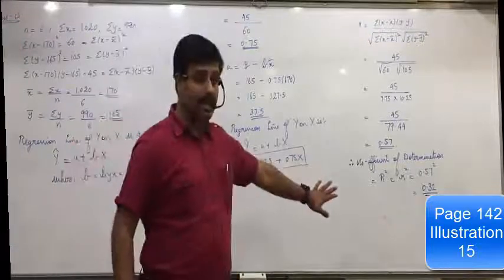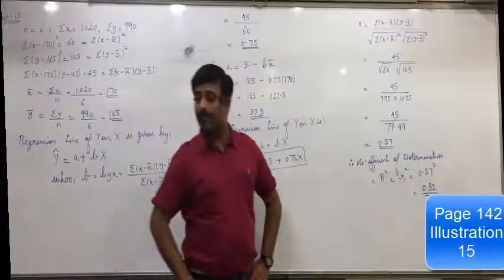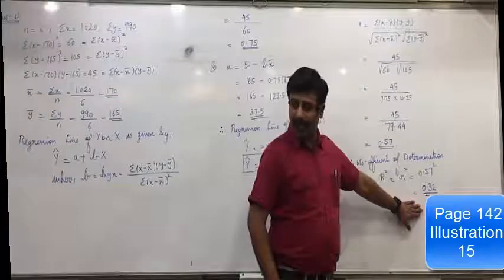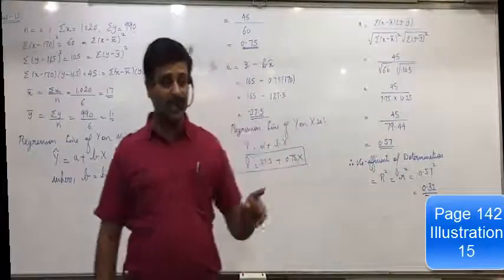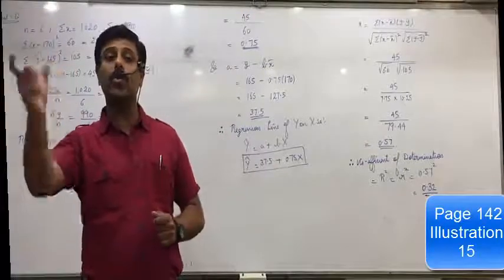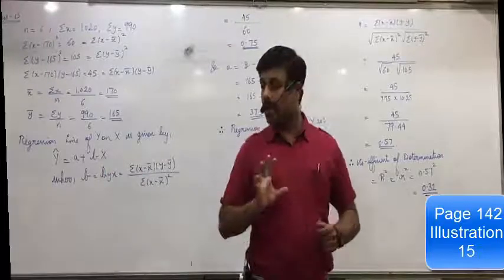One more thing it indicates: 0.32 into 100 is how much? 32. It shows that 32% of the changes in y are explained by changes in x.